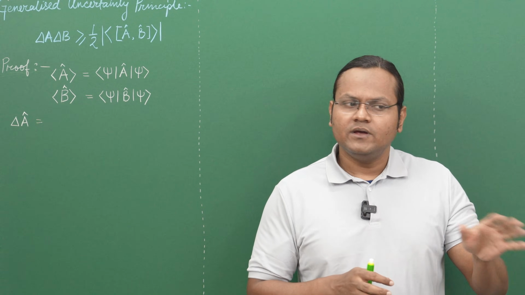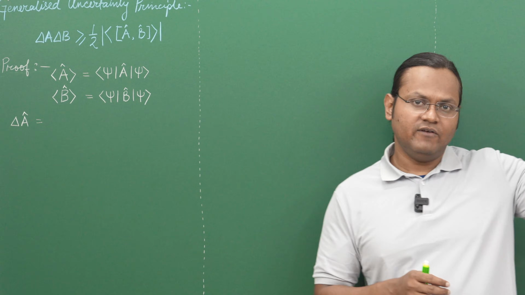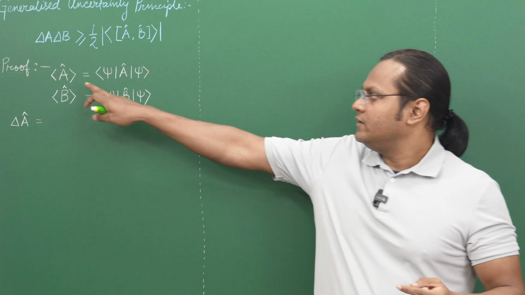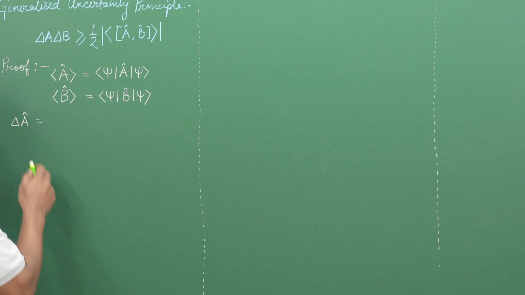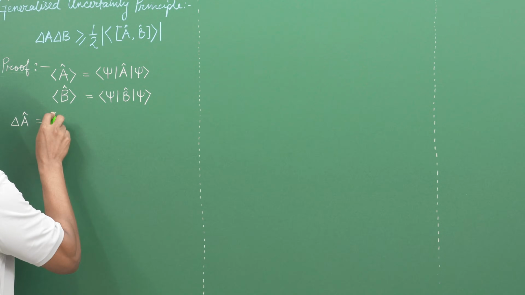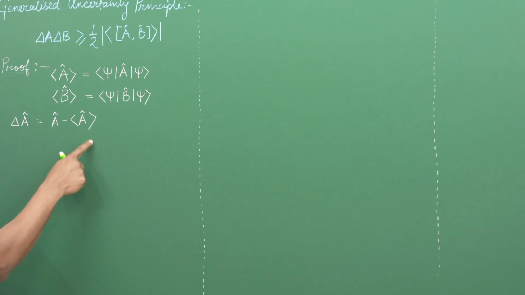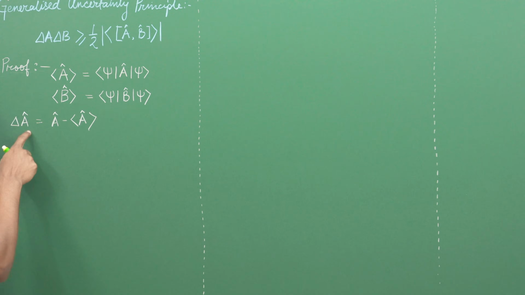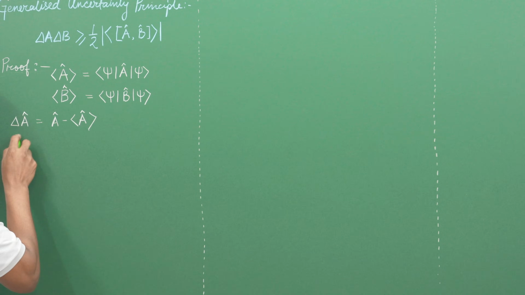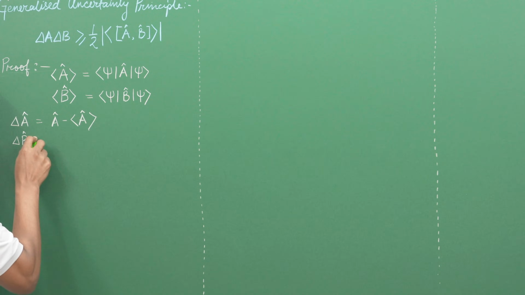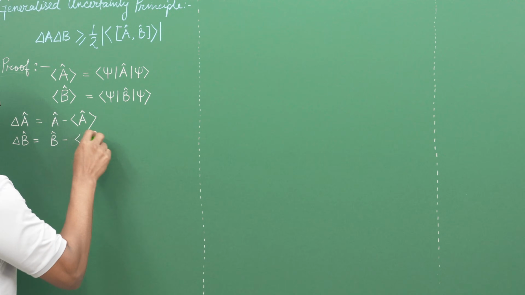So if you are familiar with statistical mechanics, whenever you have a data set and you have an average of the data set, then the error associated with the data is essentially given as that particular data minus the average of that particular data set. So in a similar manner, I'm going to define the uncertainty operator corresponding to A as A hat minus the expectation value of A. And for B also, I have something similar, B hat minus the expectation value of B.